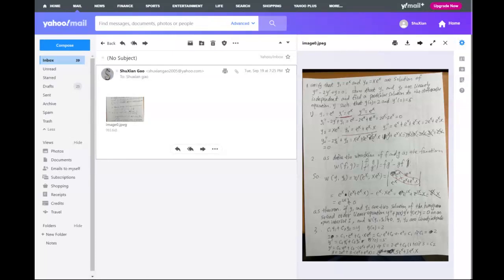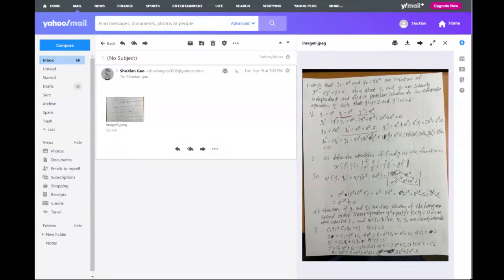I plug into the equation: y2 double prime minus 2y2 prime plus y2 equals x times e to the x plus 2e to the x minus 2 times e to the x times x plus e to the x plus e to the x times x.